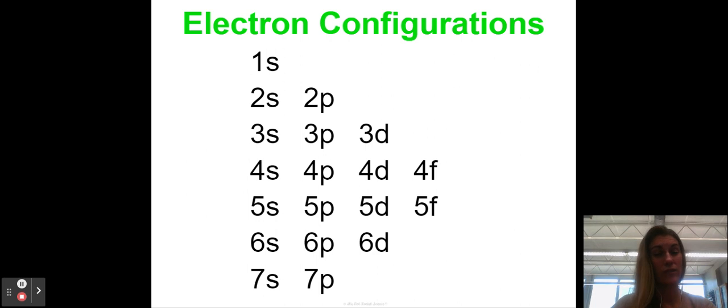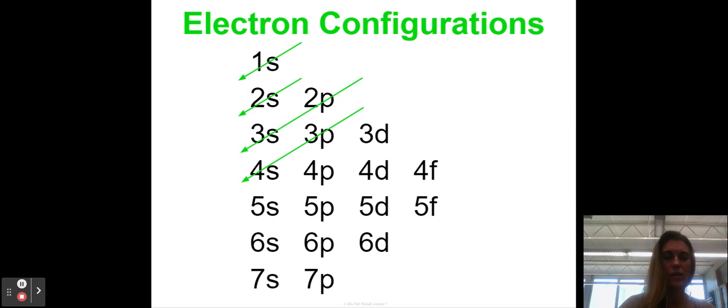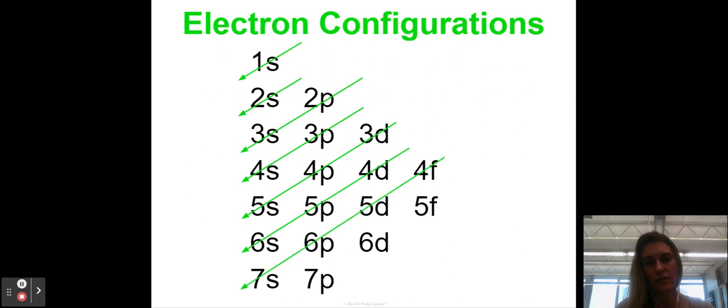This is on your reference, so if this is helpful, use it. I usually just use the flow of the table. I think that's sufficient, but 1s, 2s, 2p, 3s, 3p, 4s. Every time you go over to the right, you're repeating that diagonal of how it's being filled.